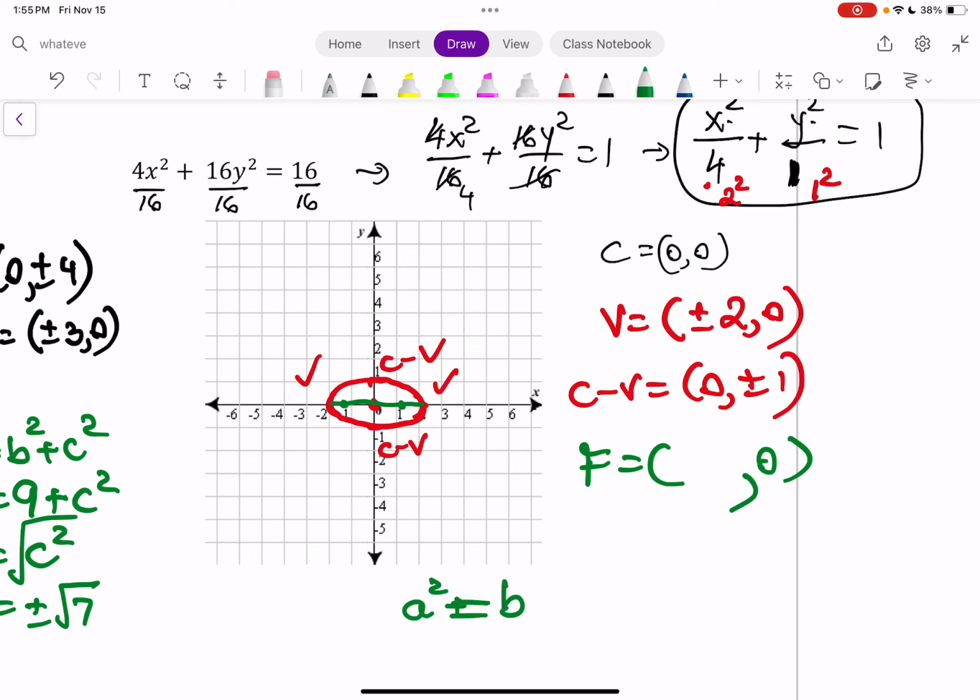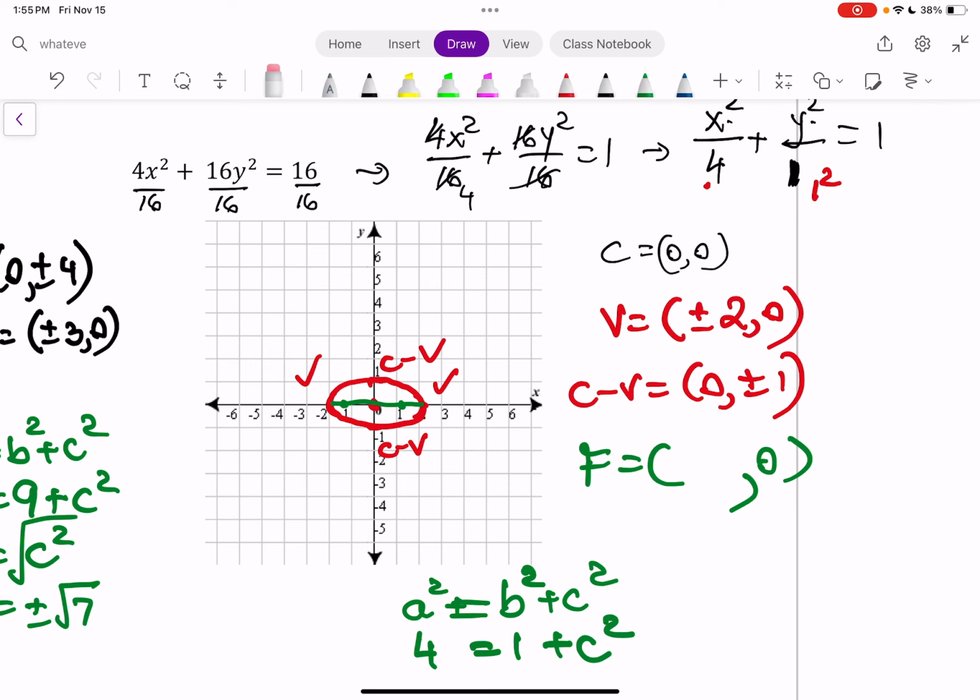And to find them, I'm just going to solve this equation. A squared is equal to b squared plus c squared. A squared is 4, b squared is 1. Again, the bigger number of these two always stands for the a squared.